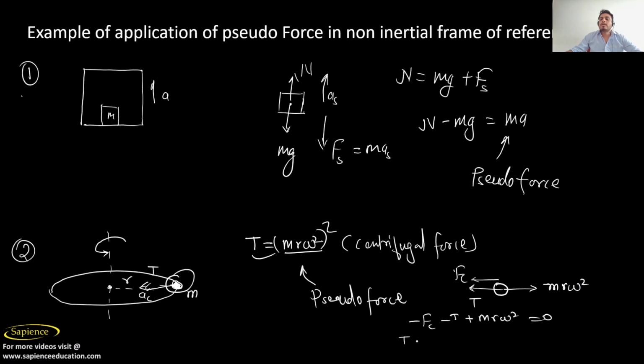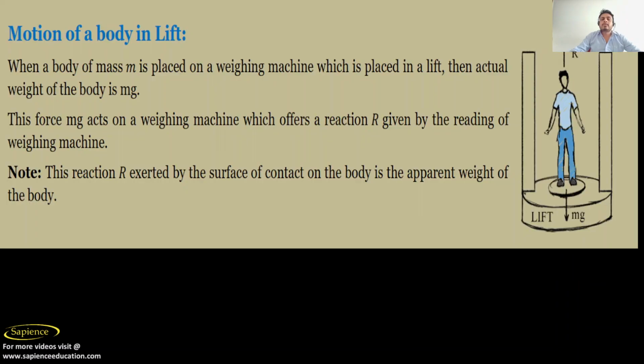So from here you can find the tension: tension is equal to mr omega square minus Fc. I hope you have understood this equation. In this way you will be able to apply a pseudo force.